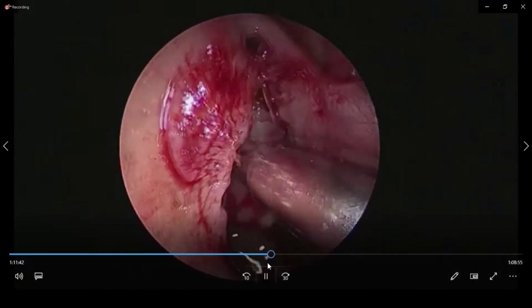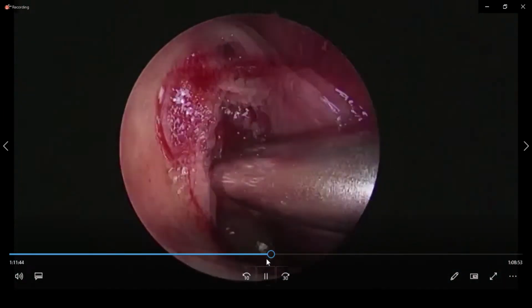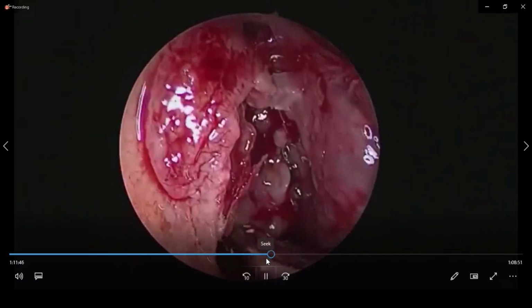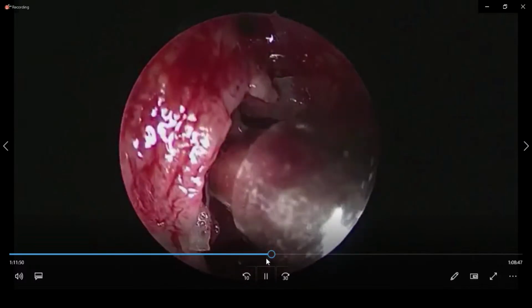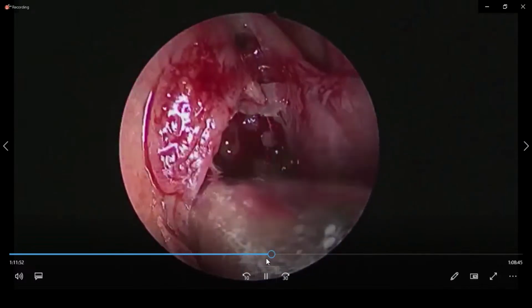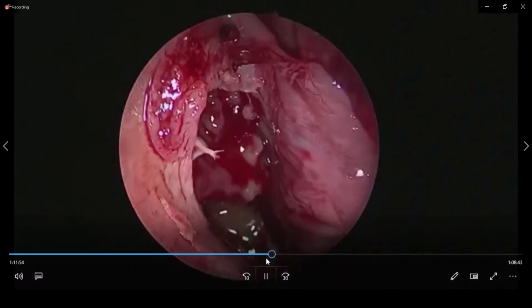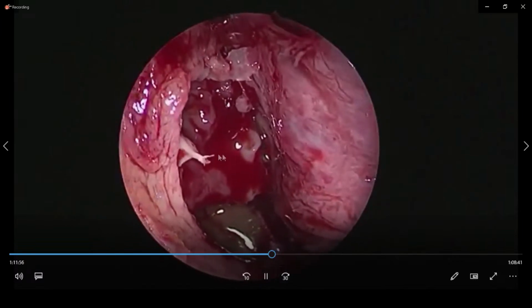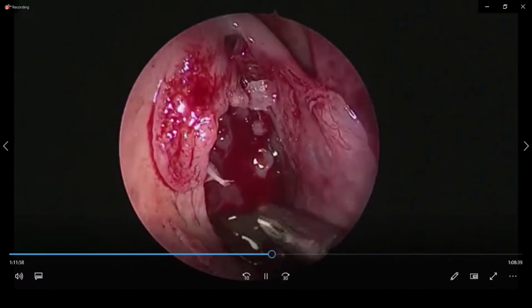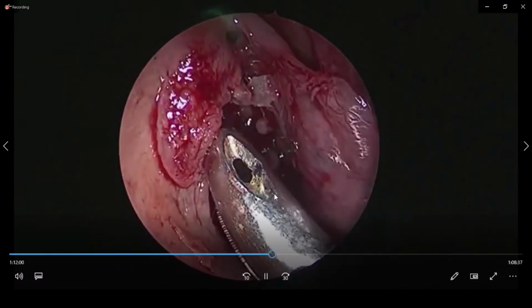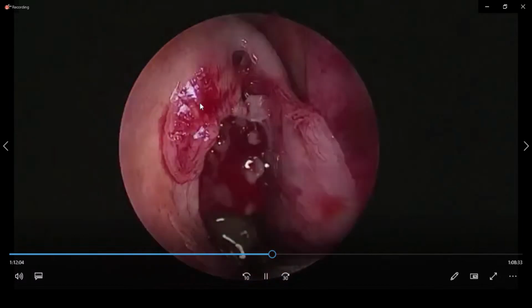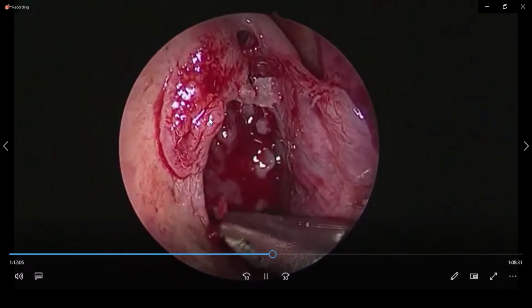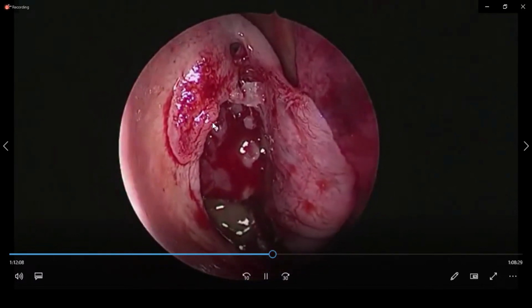Yes, see now, the upper part of the uncinate being debrided after being fractured. And this has to be done under vision as it is very, very close to the orbit laterally. See, this is your middle meatal antrostomy. This is your bulla ethmoidalis. This is part of the uncinate, the bony uncinate being removed separately. The bony plate and the rest you can debride easily.